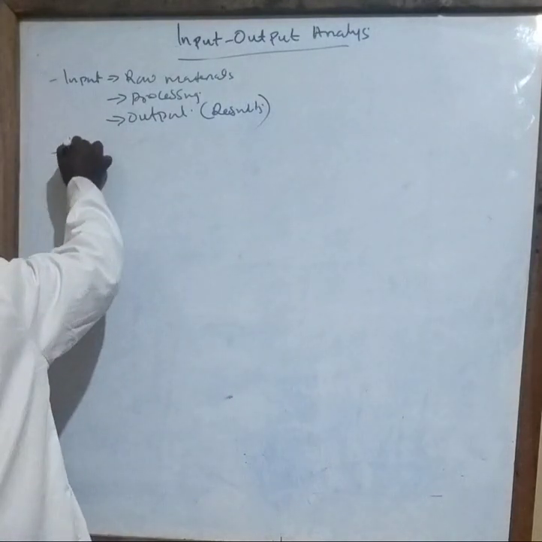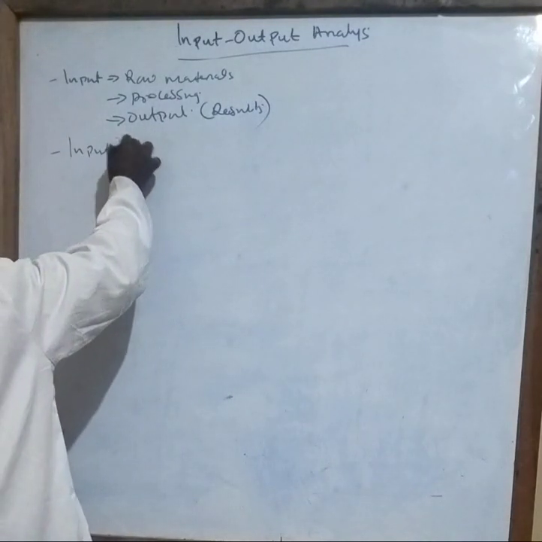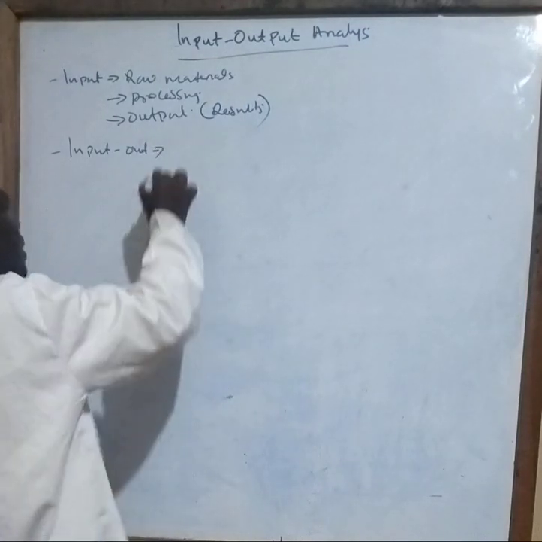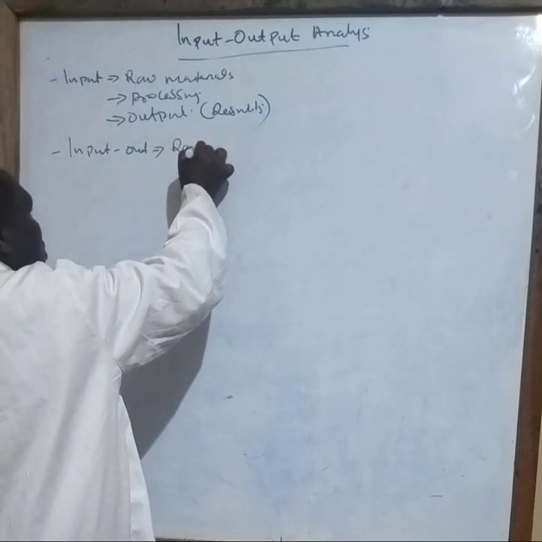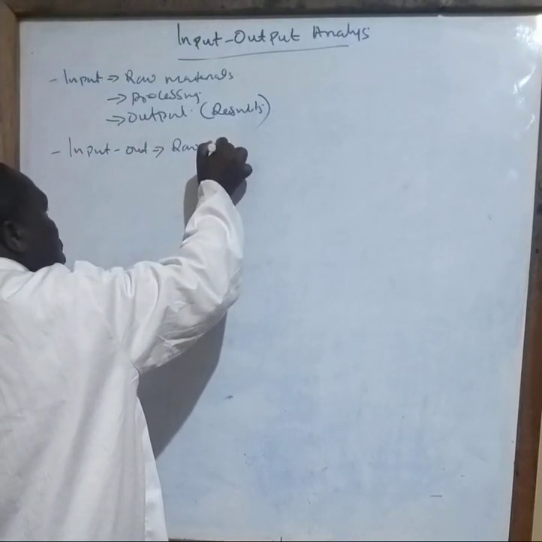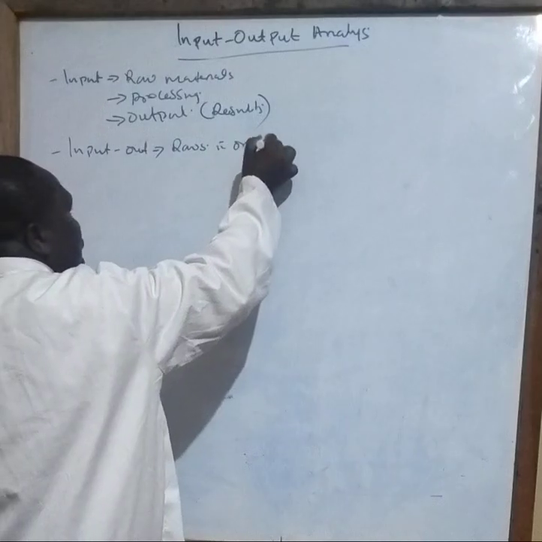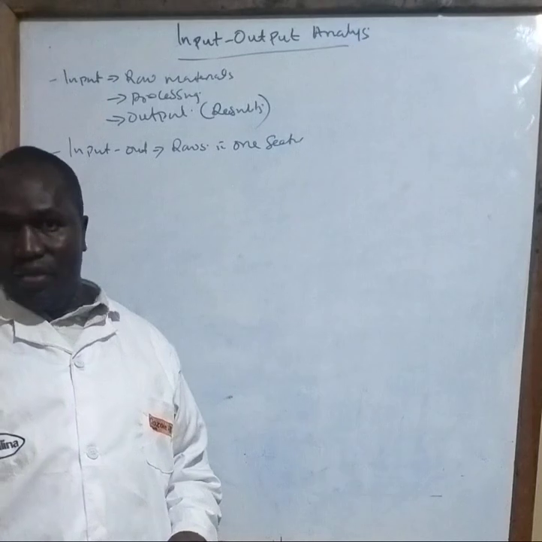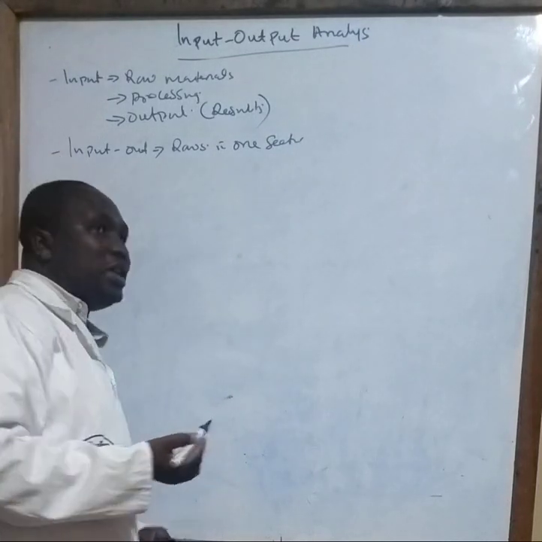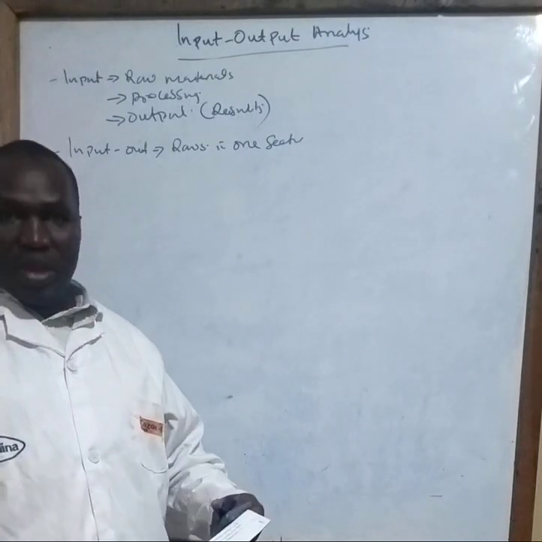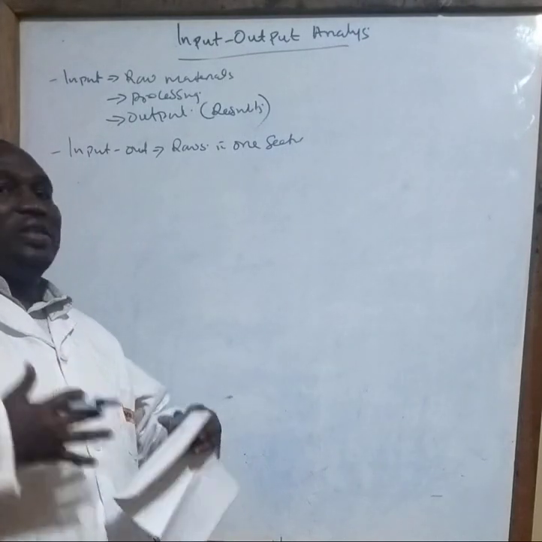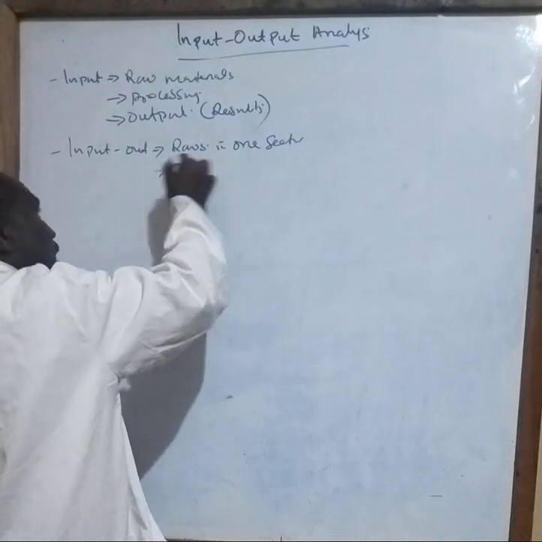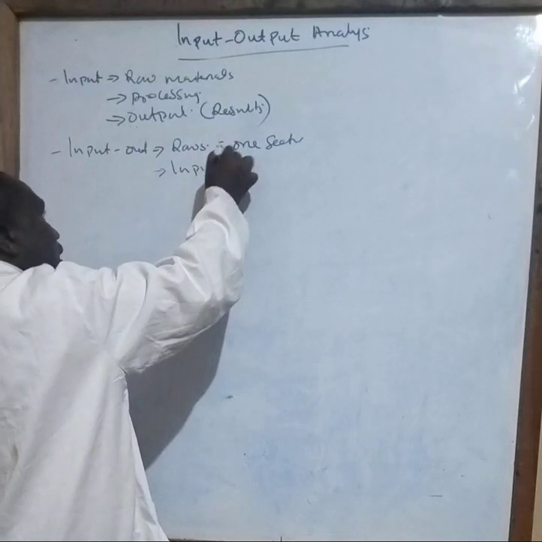Now when you talk about input-output, we are referring to a process where the raw materials in one sector, for example, raw materials from the agricultural sector, will act as an input in the industry.